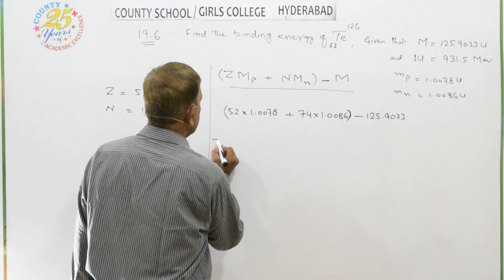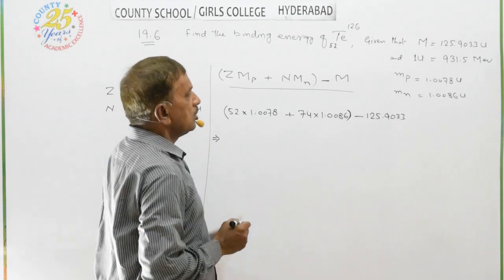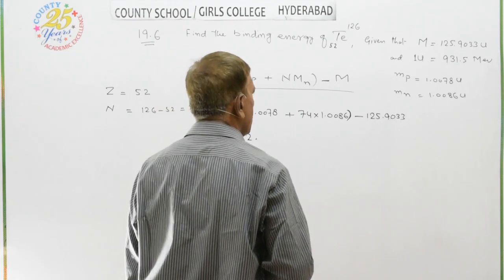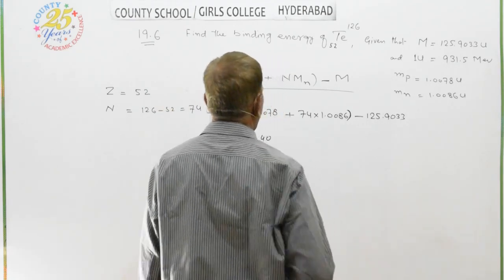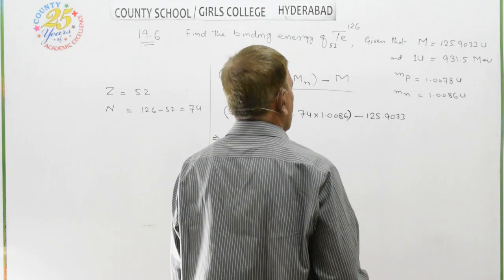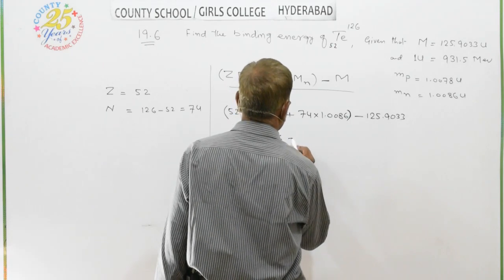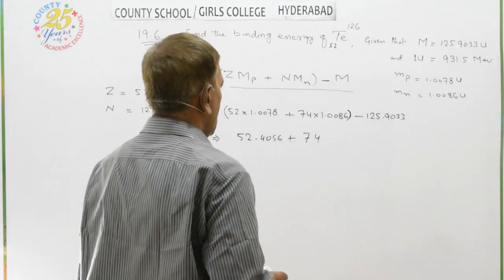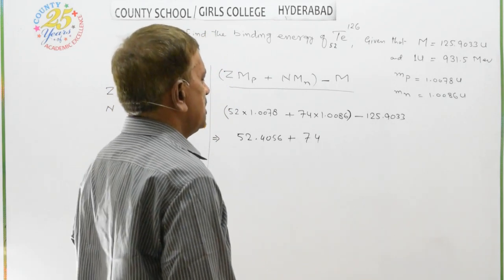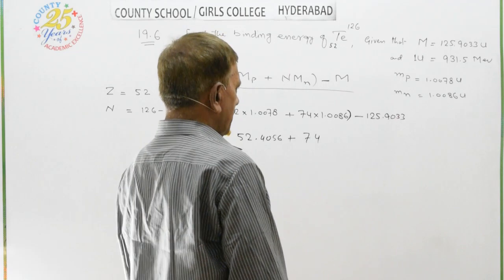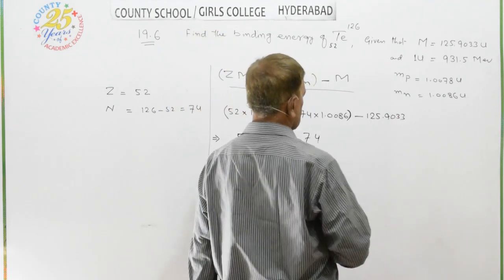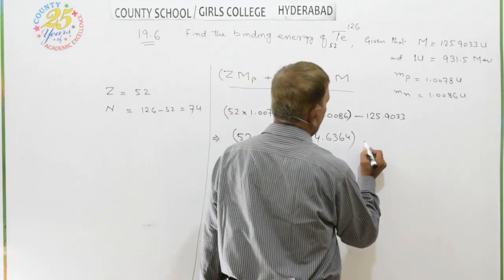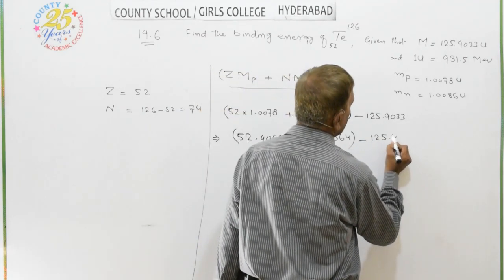The total mass of protons is 52.4056, plus 74 times 1.0086, that is 74.6364, minus 125.9033.